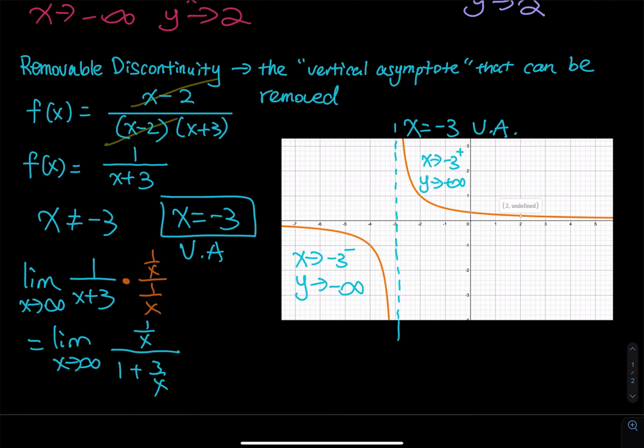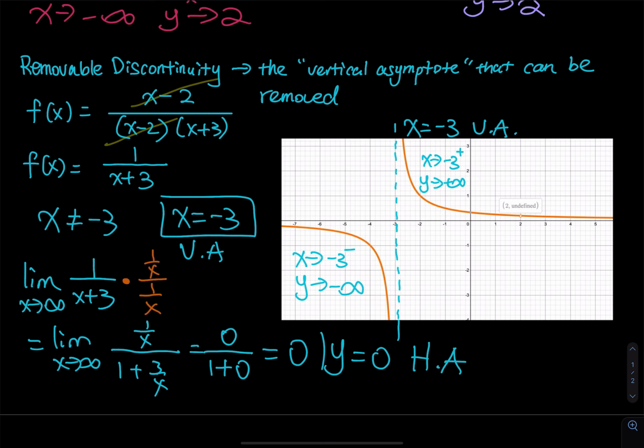Once x approaches infinity, you will get 0 divided by 1 plus 0, which is equal to 0. So y equals 0 is a horizontal asymptote. And as x approaches negative infinity, you get the same thing, y approaches 0.